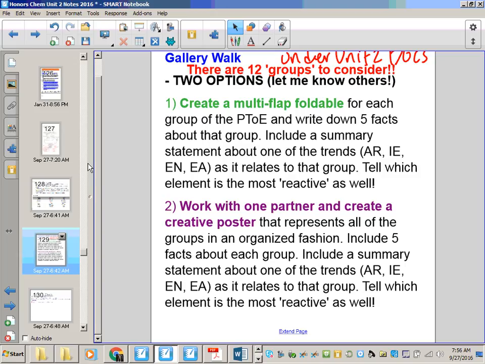So on the actual project that we all put our focus on, we only have to have 4 facts. But then we have to turn in these questions.